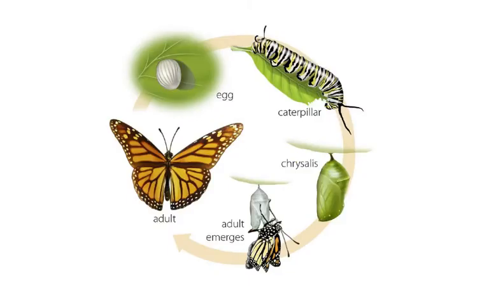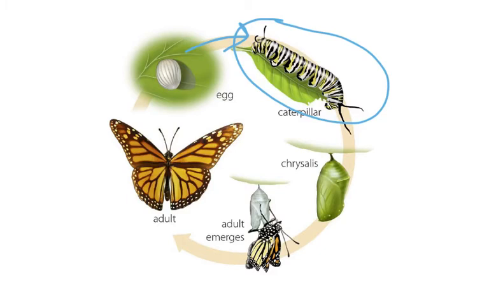So let's look at this example. This is the life cycle of a butterfly. Mariposa. So first, butterflies actually start off in an egg. They hatch out of an egg. And when they hatch out, they are what's called a caterpillar.